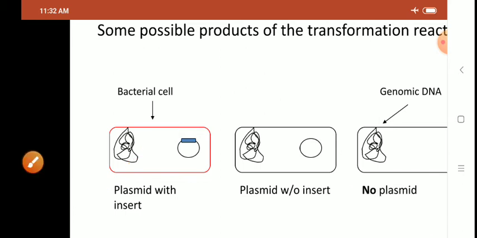And that is why the next step after transformation is identification of transformed cells. What is the next step? Identification of transformed cells. And in the next lecture, we will discuss how cells that have undergone transformation are identified. Okay. So identification of transformed cells we will discuss in the next lecture.